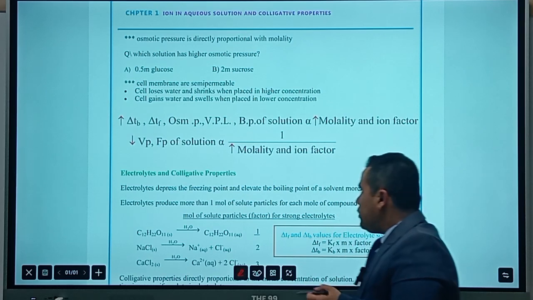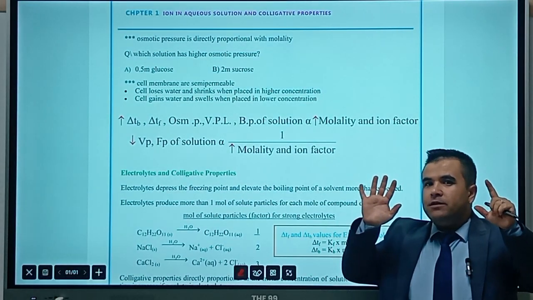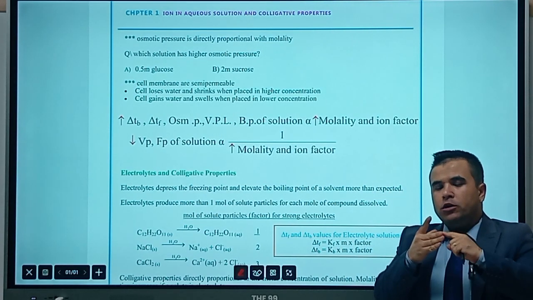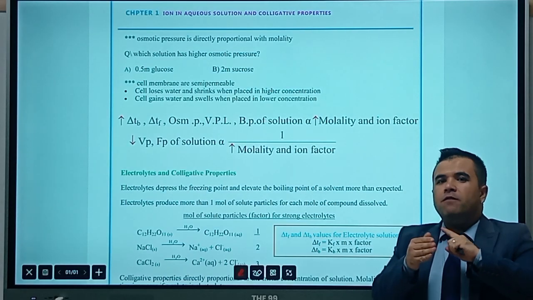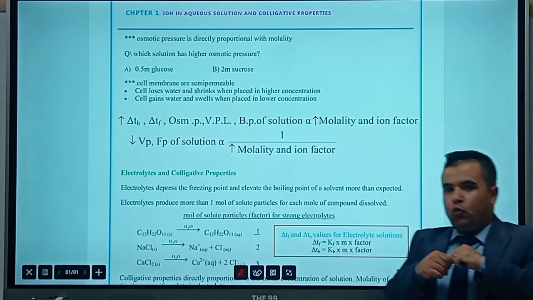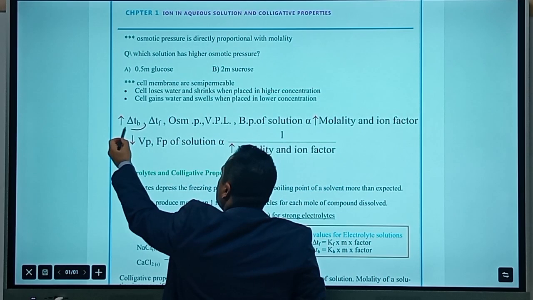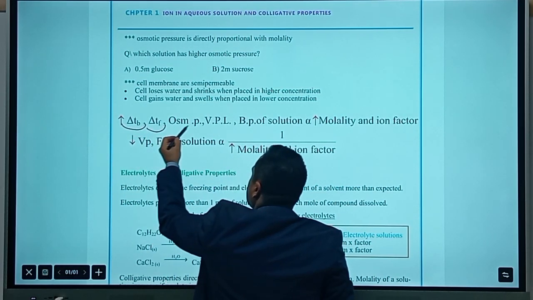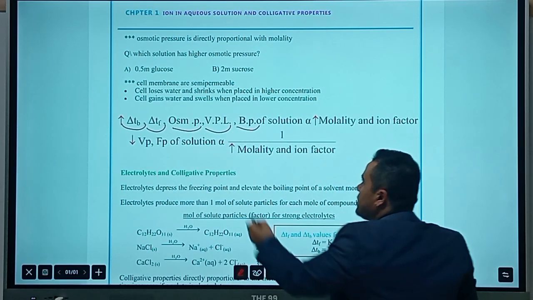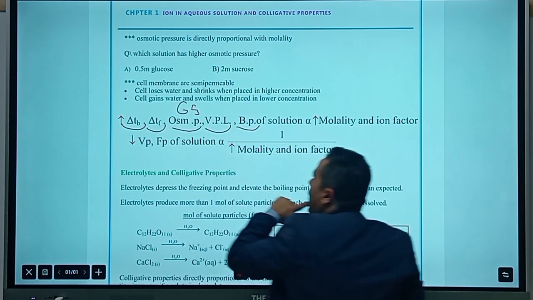The summary of what we have done is that we talked about 7 values: delta TB, delta TF, boiling point, freezing point, vapor pressure, osmotic pressure, and the vapor pressure lowering. Five of them, which are the boiling point elevation, freezing point depression, osmotic pressure, vapor pressure lowering, and boiling point, I call the G5, group 5.